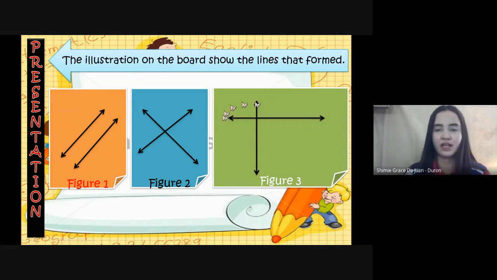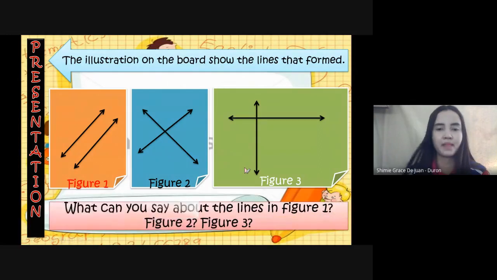And for letter C, this is the third figure that you can form. Okay, what can you say about the lines in figure 1, figure 2, and figure 3? I know you have something in mind about these figures or lines.